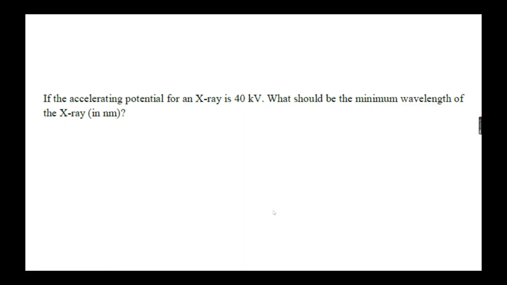Okay, a very quick numerical. It's very simple, and I want you to solve it now. It is asking about the minimum wavelength of X-rays, and what is given here is the accelerating potential of the X-ray tube, 40 kilovolt. Can you just quickly do it? Maybe if you have a mobile near you, do it very quickly and let me know the answer.